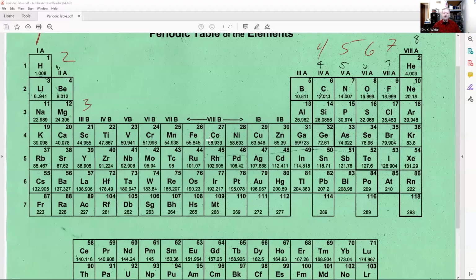So what's the atomic weight of oxygen to 3 significant figures? Oxygen, the number underneath it, 15.999, is the atomic weight.